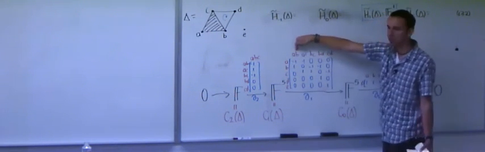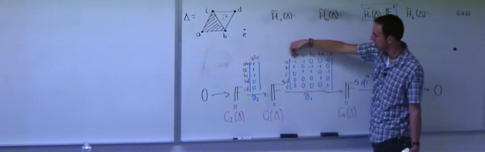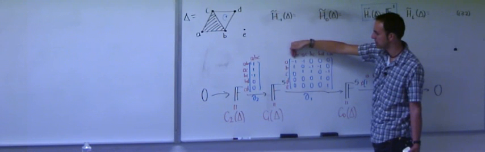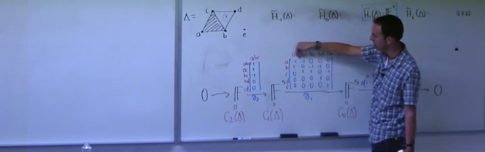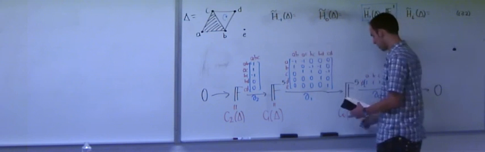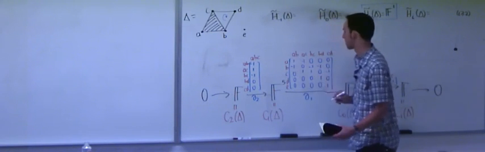It takes AB and it applies the boundary, which says take out the first guy, and you get B with a minus sign. So this is wrong. And then take out B and you get A with a plus sign. Okay? So that means that this is almost right, but the signs are wrong. Okay?